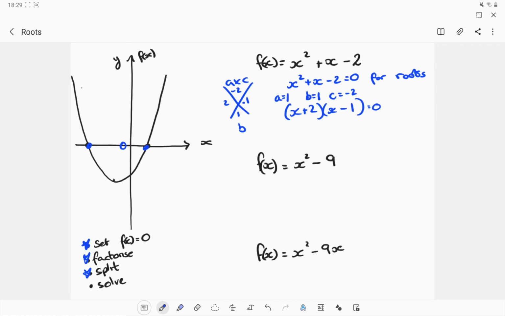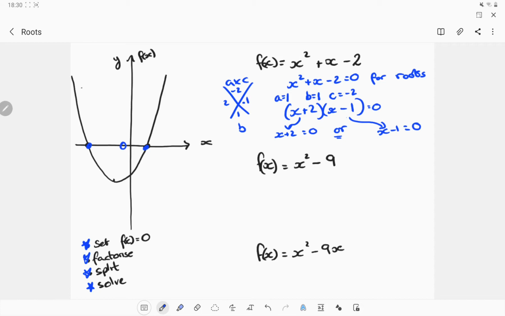In order for something to multiply to give you 0, one of the two things must be 0. And this is the fact we rely on. So we split our two things that multiply and say that either the first one or the second one equals 0. Done.